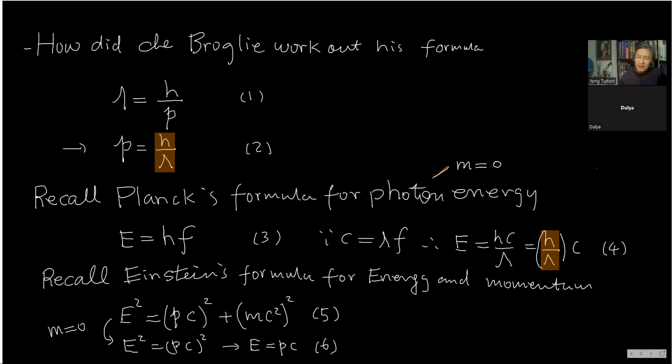So which particle has mass equal to 0? Photon. Yes. So when we make this assumption, we are considering the photon energy formula, right? By using these formulas, we just do substitution.